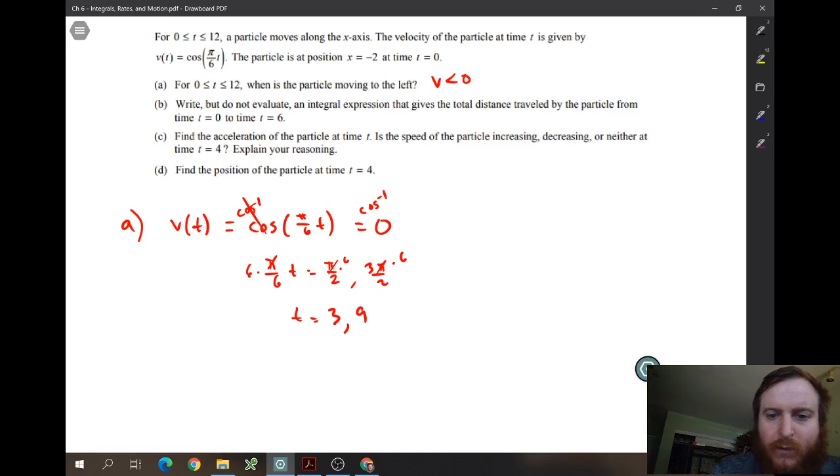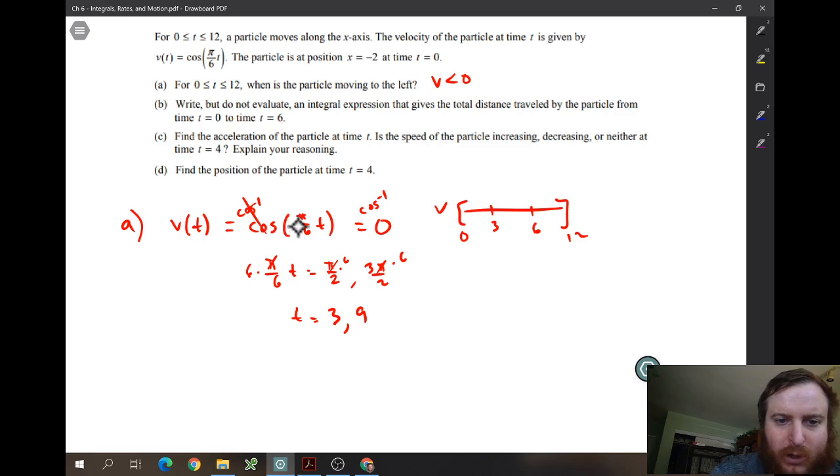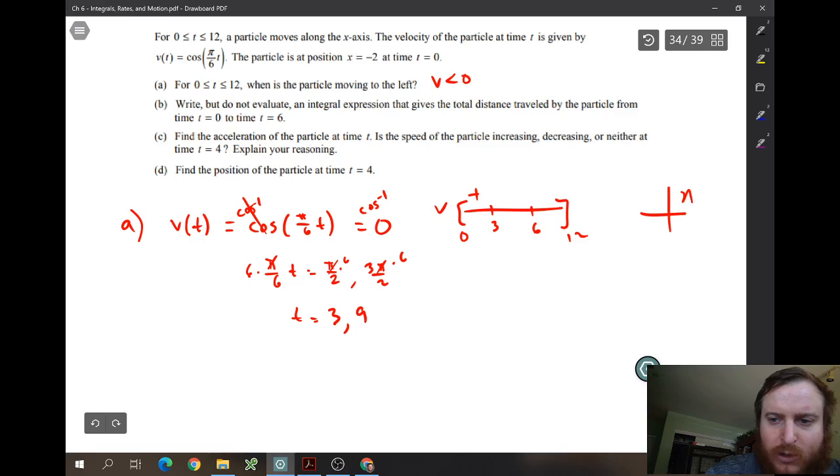Right now we need to do kind of a number line analysis on this. So we're going to do v between 0 and 12. And we have 3 and 6. So I plugged in 1, because if I plug in 1 to cosine pi over 6t, it's just cosine of pi over 6. That's in the first quadrant, and I'm going to think like All Students Take Calculus. In that first quadrant, everything is positive.